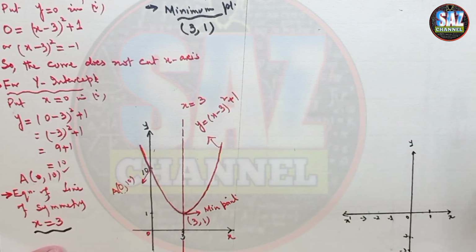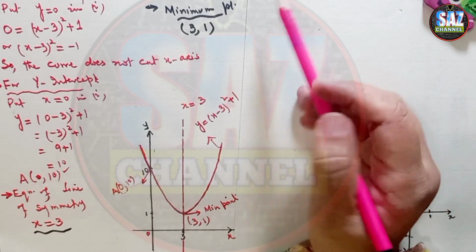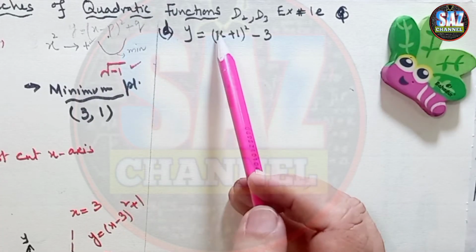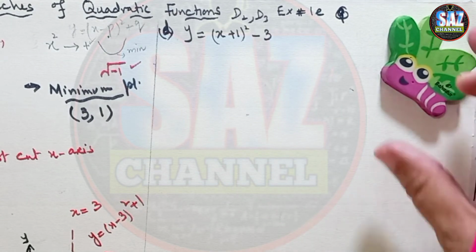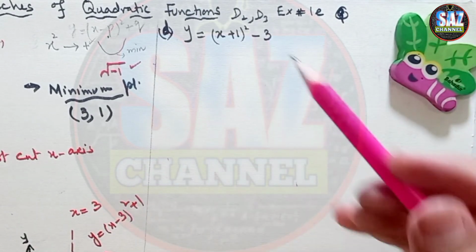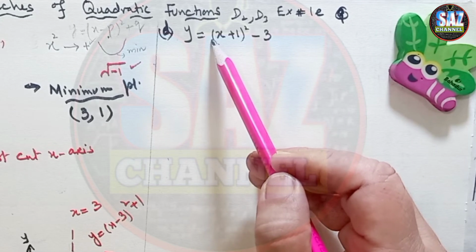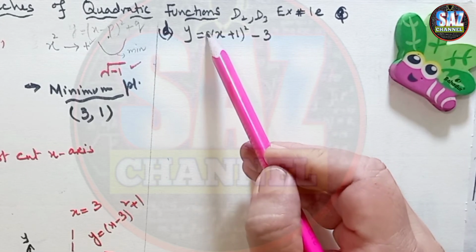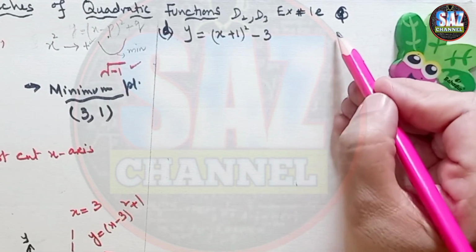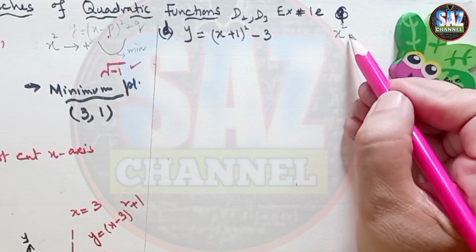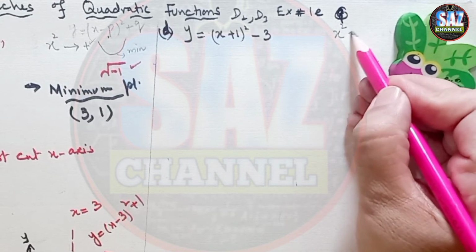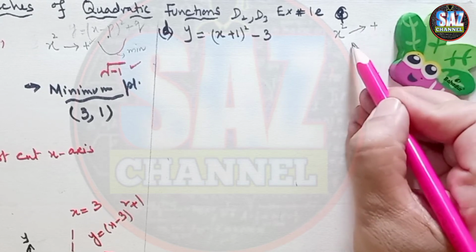And now let's move to the next part of the question, and that is y equals to (x plus 1) whole square minus 3. Okay, students, recall what is the first step. First step is the visualization and imagination, and we have to decide what is the coefficient of the square term, whether it is positive or negative.